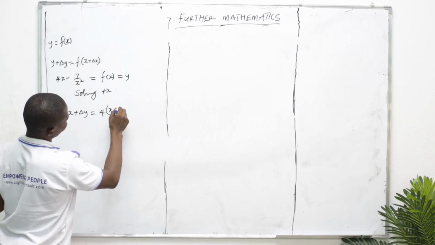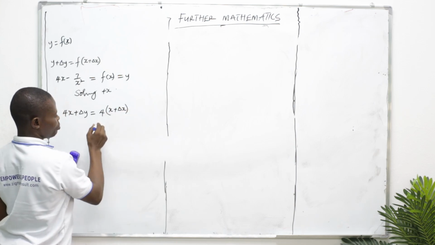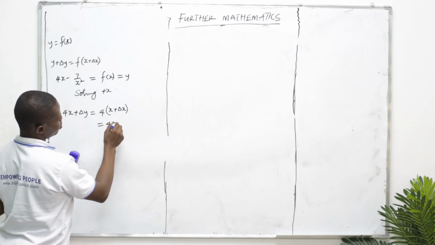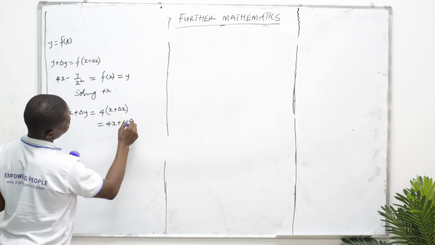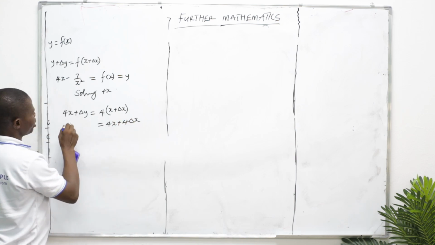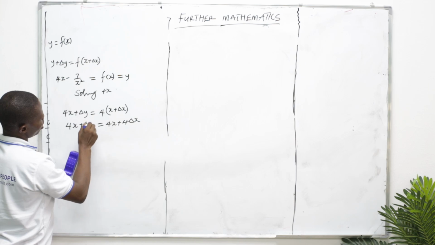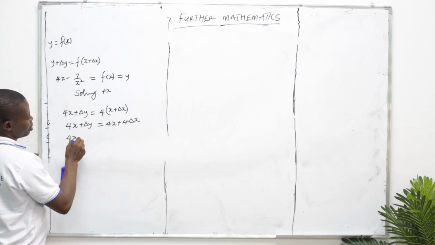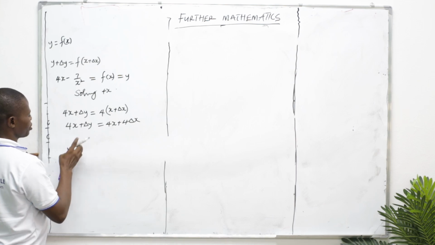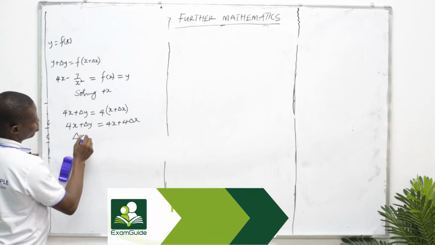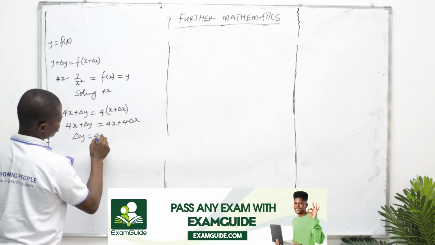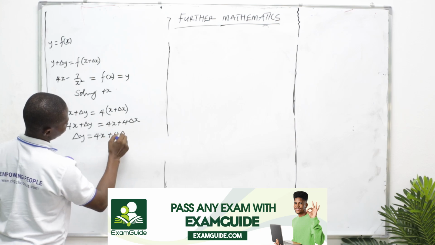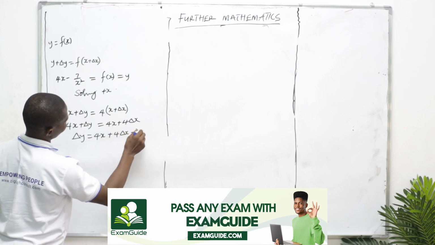4 into, which is the function f, s plus change in s. I will expand here now. This is 4s plus 4 change in s. So 4s plus change in y equals this, okay? So change in y, delta y equals 4s plus 4 change in s minus 4s.